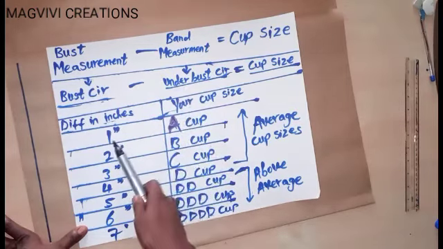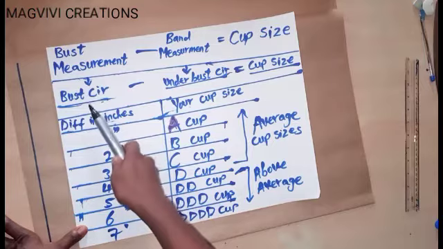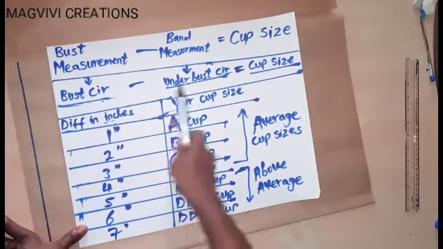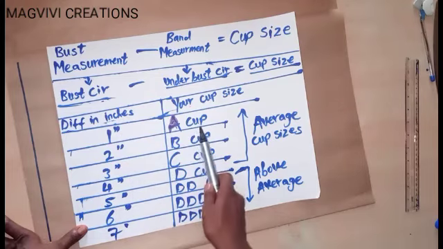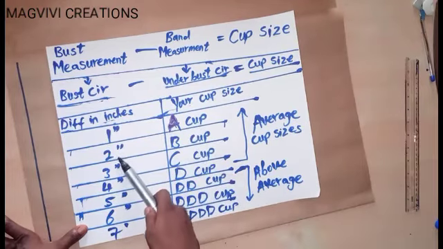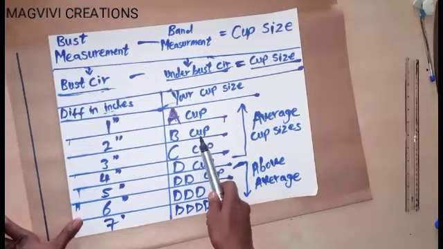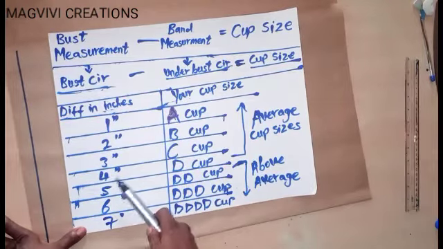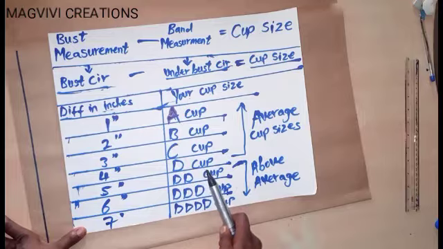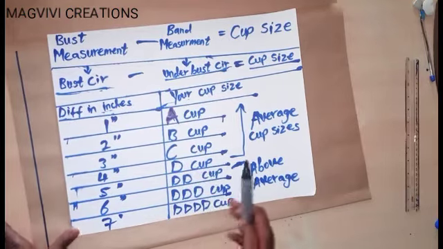When your difference is 1 inch, that is, by the time you subtract your under bust from your bust circumference and you get 1 inch, you are A cup size. 2 inches, B cup size. 3 inches, C cup size. 4 inches, D cup size. Now, notice this.